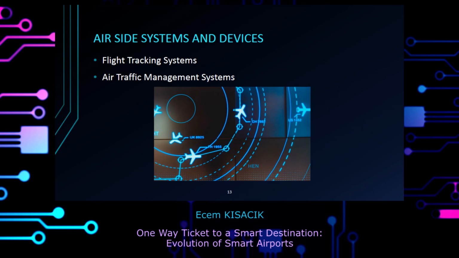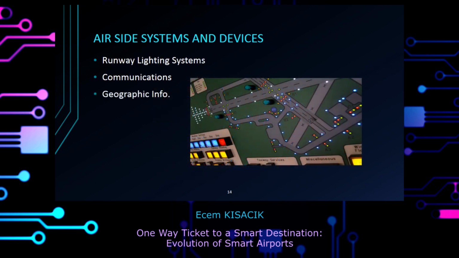Nowadays, many air navigation service providers are trying to automate the management process. For example, in Berlin-Brandenburg Airport, they tried to control the systems remotely in 2020. There are also runway lighting and control systems, air-to-satellite systems in communications, geographic information systems.